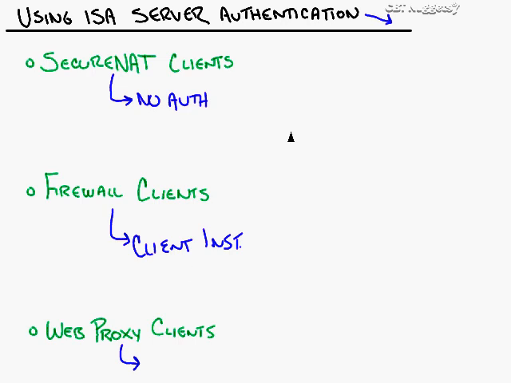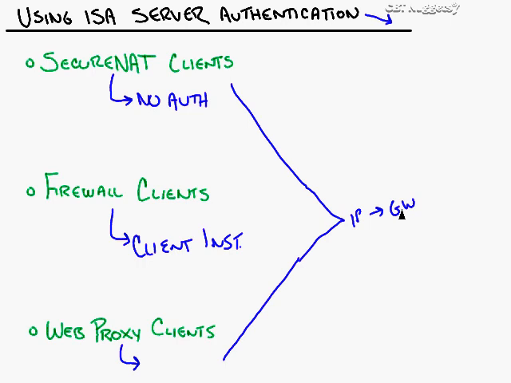Now here's a catch. Say you want the benefits of the easy config of Secure NAT and all the functionality that they provide. However, if you want authentication, you can combine the web proxy client with Secure NAT. Here's what that means. On the client, you'll configure the IP, the subnet mask, and the gateway to point to the ISA server.